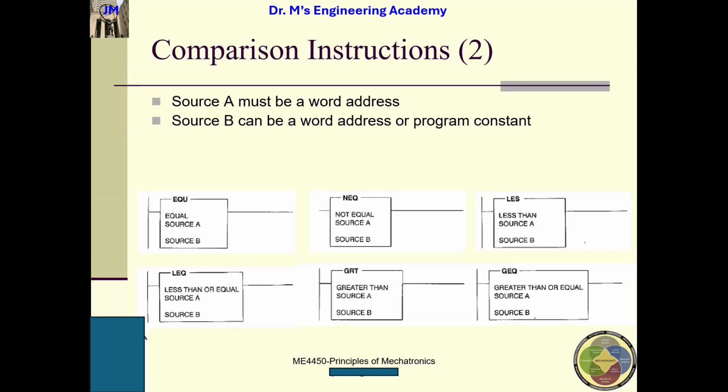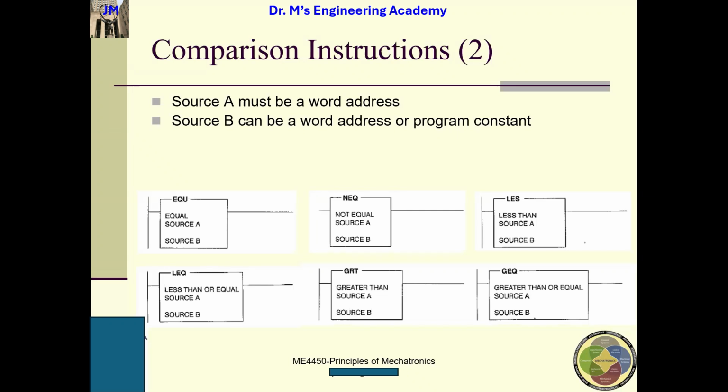Questions so far? When you specify the first argument, it must be a word address, and you are going to compare the content of this word address with something else. Source B can be a word address or a program constant.